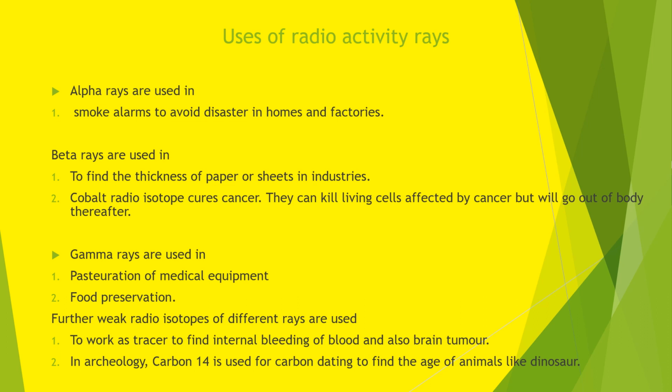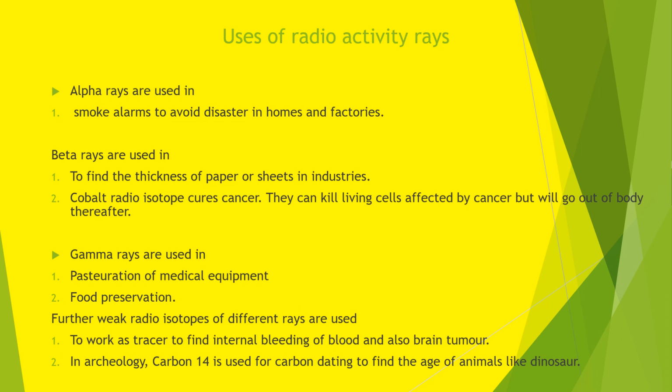Uses of radioactivity rays. Alpha rays are used in smoke alarms to avoid disaster in homes and factories. Beta rays are used to find the thickness of paper or sheets in industries. Cobalt radioisotopes cure cancer. They can kill living cells affected by cancer but will go out of the body thereafter.